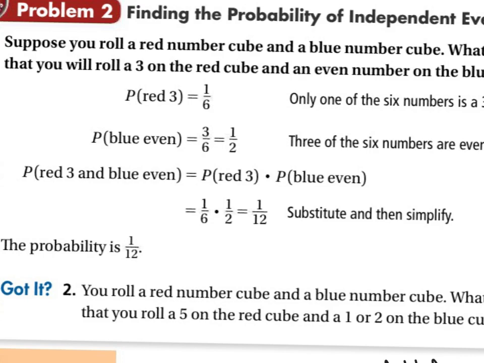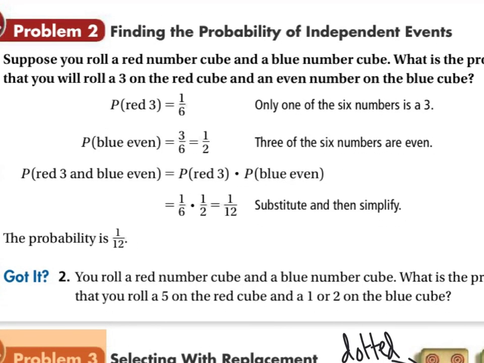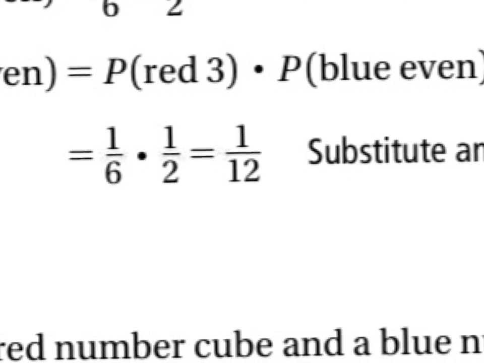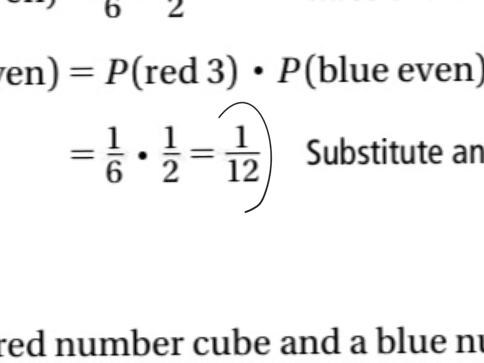And then probability of rolling an even number on the blue cube is 3 out of 6, or 1/2. If we want both of those things to happen, we have to multiply their probabilities together. So probability of a red 3 was 1/6. Probability of an even blue was 1/2. If we multiply those together, we get 1/12. So there's a 1/12 chance that both of those things would happen.